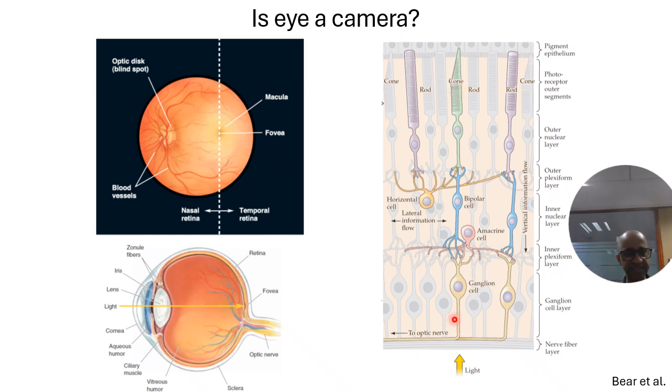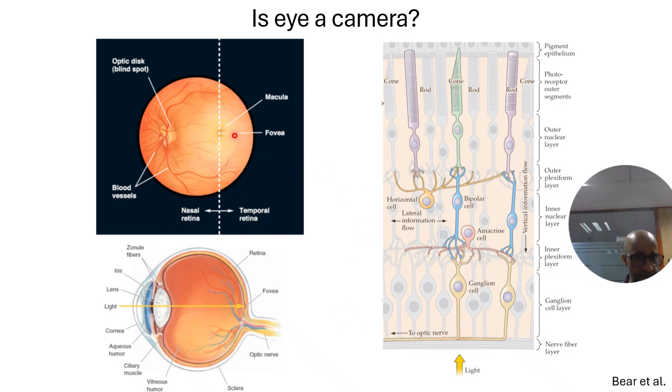So therefore these cells are not simply reporting presence or absence of light, but they're processing that presence or absence of light to create an image of contrast. When there is a difference in light being sensed by the neighboring cells, that's when there is maximum activity of these ganglion cells that will get passed on to the brain.